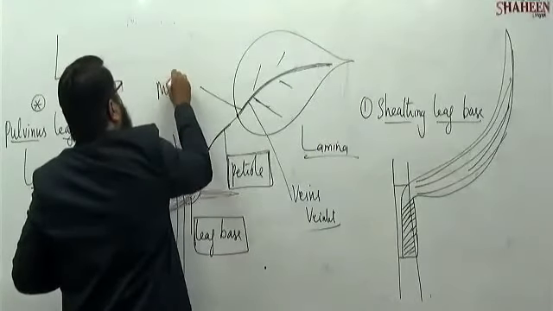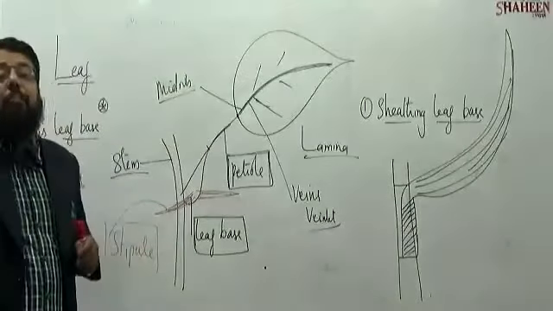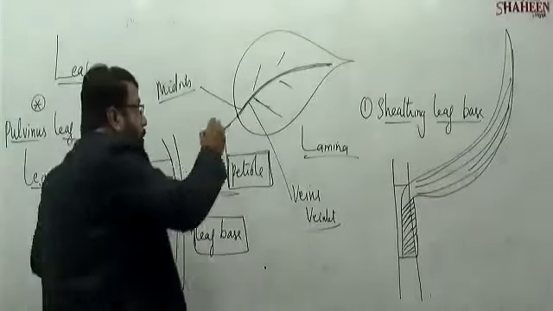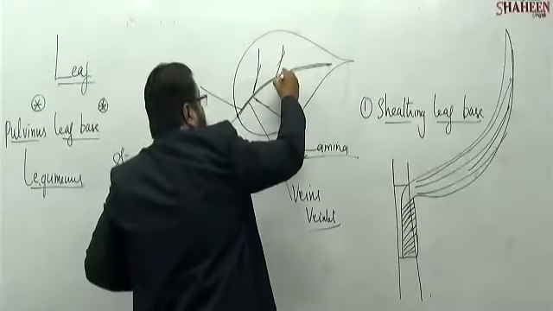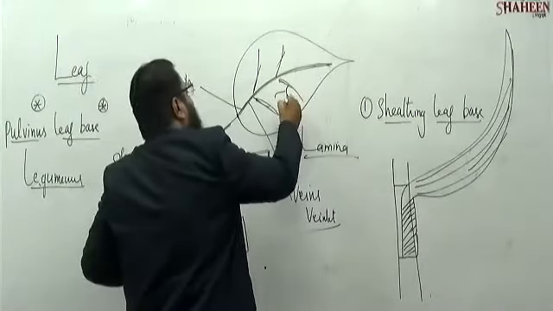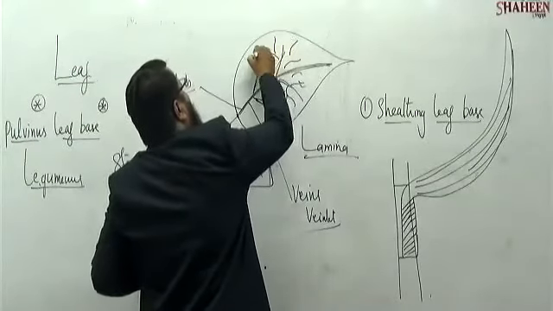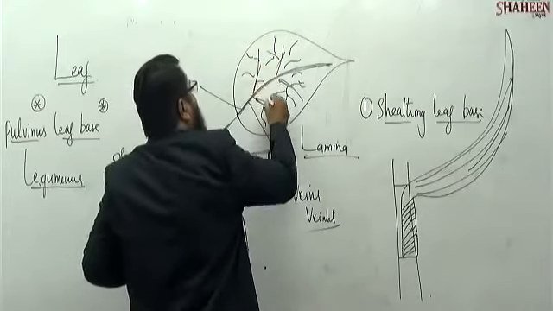The midvein produces branches, which are nothing but veinlets, that further produce branches. So a network of veins and veinlets is seen in the leaf lamina.